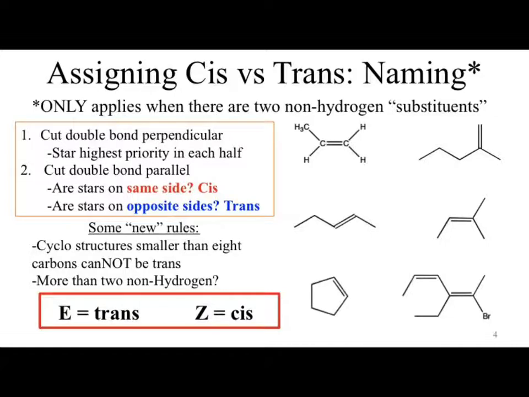Okay, so let's go through and name that. First thing we have to do is number our carbon chain, or figure out our longest carbon chain that contains the double bonds, which means we're going to be looking there. That has 1, 2, 3, 4, 5, 6 carbons. So we'd be looking at hex.